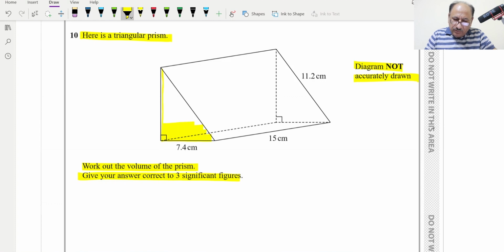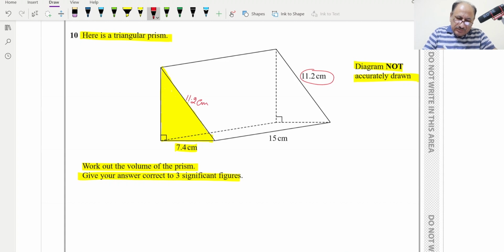Face area will be this triangular area, and we can calculate the area of this triangle. One side is given, which is this one, 7.4, and the other side, this slanting side, is 11.2 centimeters. I'll copy here 11.2 centimeters.